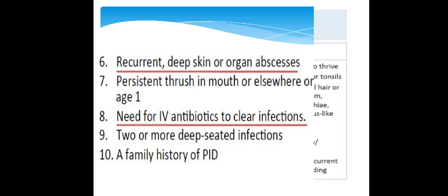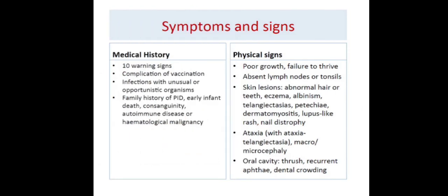So what are the symptoms and signs which direct us towards primary immune deficiency? History: those warning signs which we said already. Another important thing is complication of vaccination, mainly with T cell primary immune deficiency. The child becomes sick after giving vaccines, especially live vaccines. This thing we don't see in any other diseases.